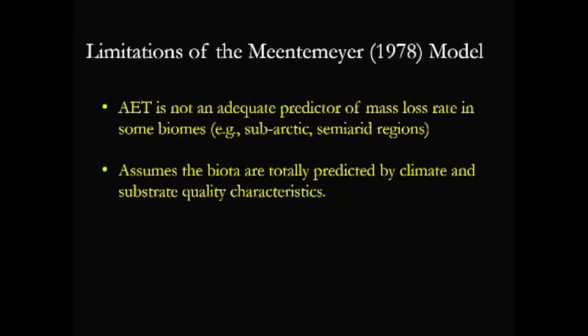The second limitation is that it assumes that the biota are totally predicted by climate and substrate quality characteristics, and we know that there are certain biota that have adaptations that can cope with harsh environments or harsh substrate quality, like the case of the termites.